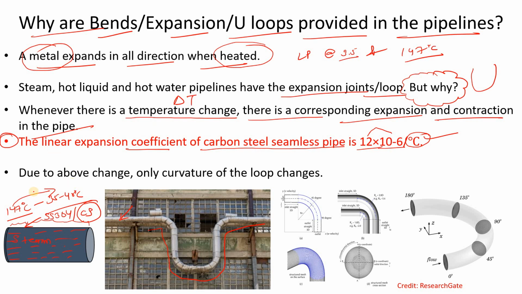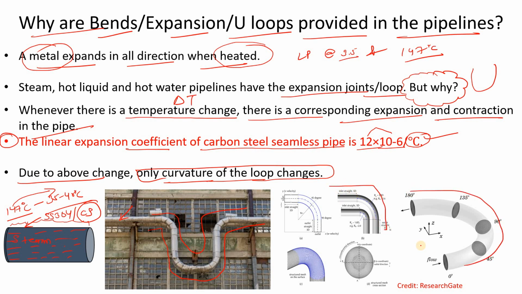Due to the above change, meaning the change in temperature or when you heat the pipe, the curvature of the pipe or the curvature of the loop changes. Okay, this is your curvature of the loop, right? Simply you can see here or here, it will change, right? This loop will change. Okay, means it will expand or contract. But when it changes, what will happen? That we will see in our next slide, right?